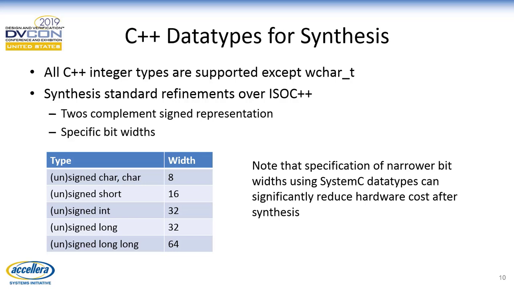That's actually not guaranteed, you can create a C compiler that implements numbers without 2's complement. A lot of programs won't work, but it's legal C. And in order to be able to predict what you're going to get in the hardware, the synthesis standard defines specific bit widths for the C++ data types.